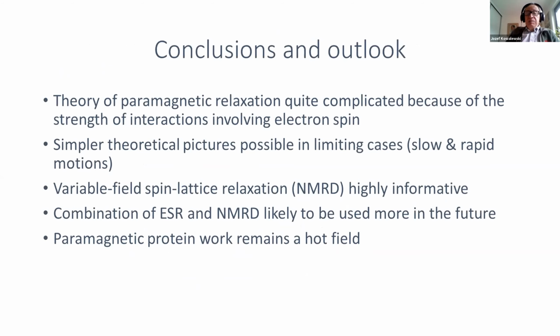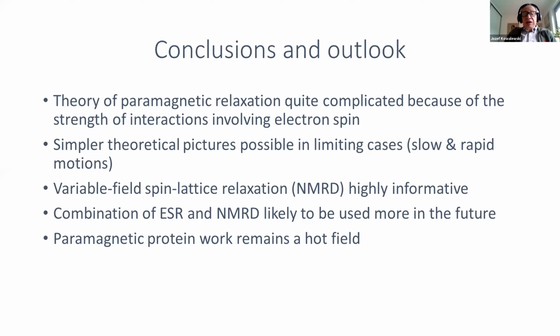In some limiting cases, it is possible to describe these problems by simpler theoretical models, but in general, we need a rather complicated theoretical apparatus, using either slow motion theory or spin dynamics, in order to predict the relaxation rate and its field dependence.